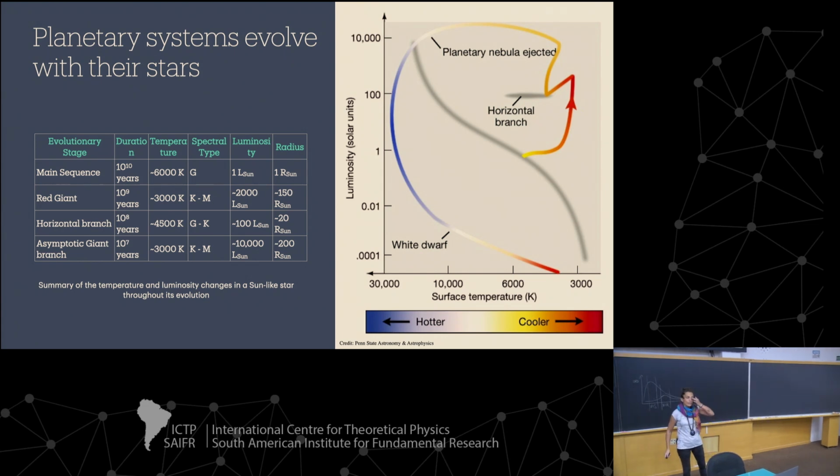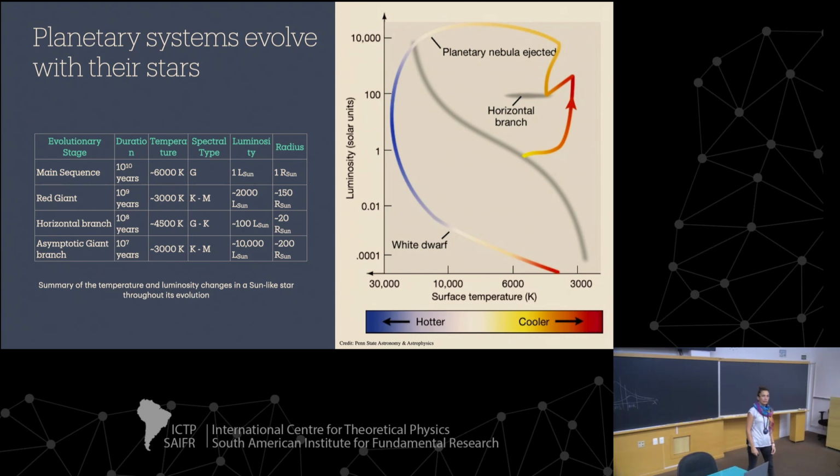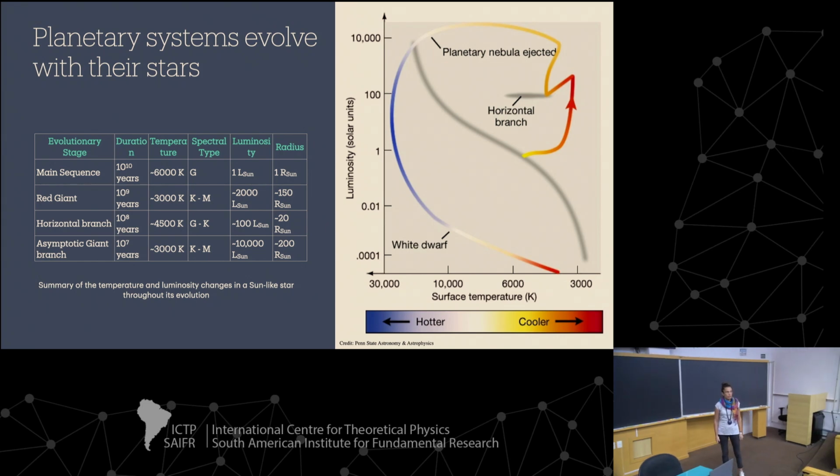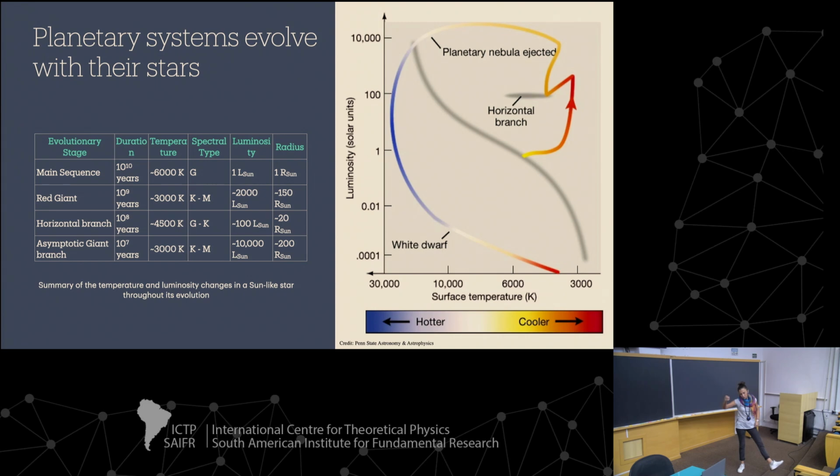So what if you have an exoplanet at 100 solar radii from the star? What do you think is going to happen? I'm just talking about the single star case. So I have an exoplanet at 150 solar radii separation from the star, but then my star is going to go up to 200, right?